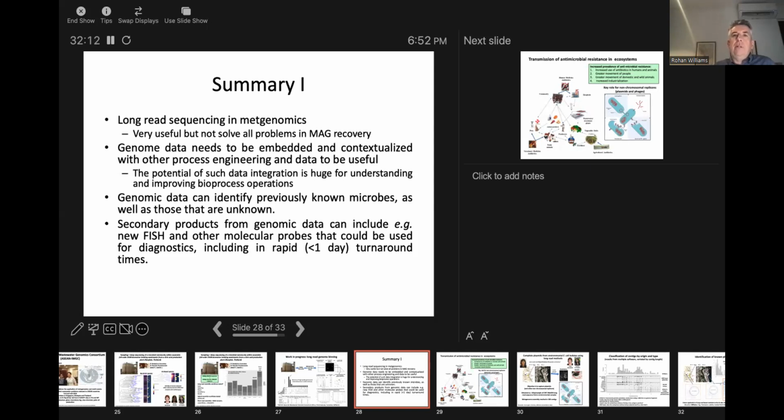Obviously things like new FISH probes and other molecular probes, but these new long-read sequencing technologies are so easy to use that in principle they could be deployed in the field very easily. And I'm involved in some other projects, and people in my group are involved in such projects in medical and aquaculture analyses, which are making great progress, but I haven't got time to talk about them today.